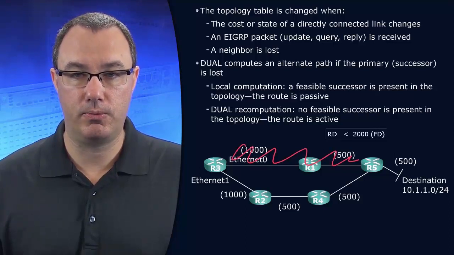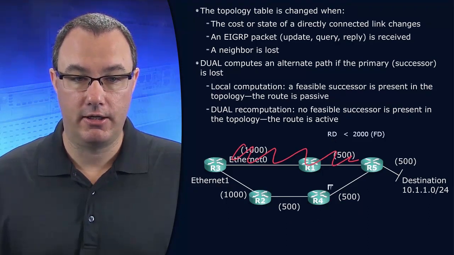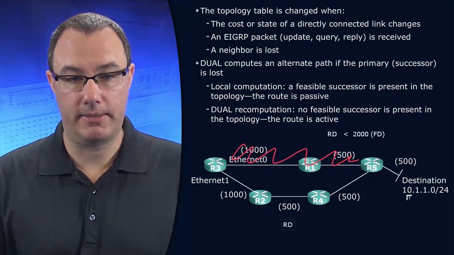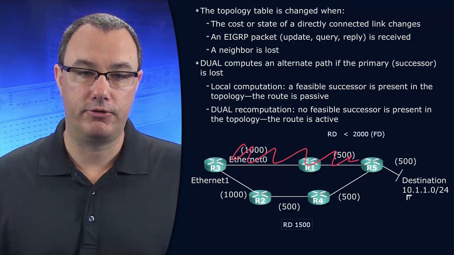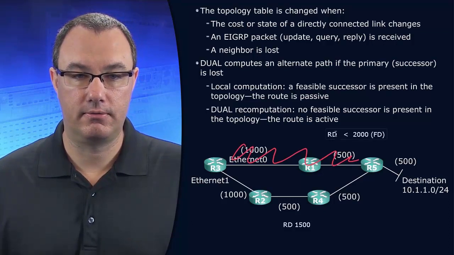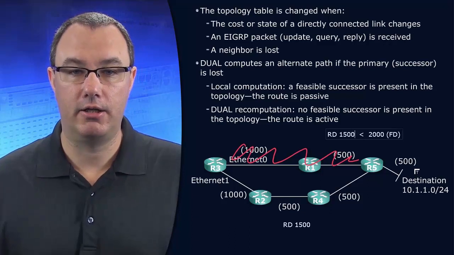And let's make sure we get this right. 500 plus 500 plus 500, since I'm comparing the reported distance. That's a reported distance for the bottom pathway of 1,500. So in this case, the reported distance of 1,500 is less than the feasible distance.